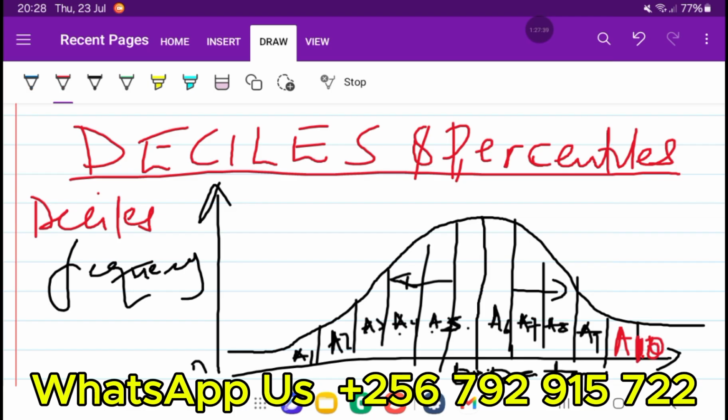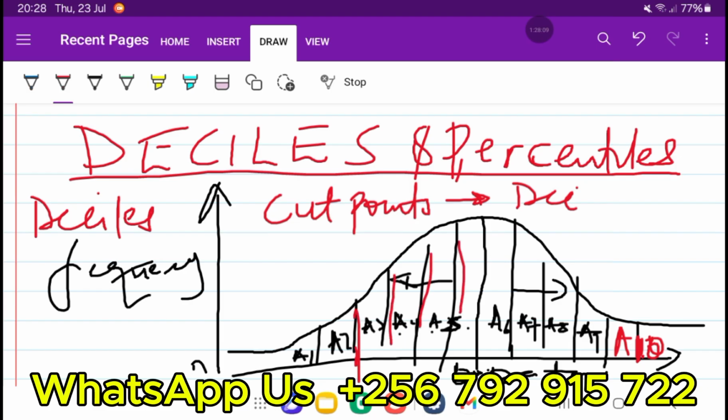It means that we have divided this data set into what you call 10 cutoffs. And each of these cutoffs, the cut points, are the ones that we call the deciles. These cut points, they are the ones that we call the decile.